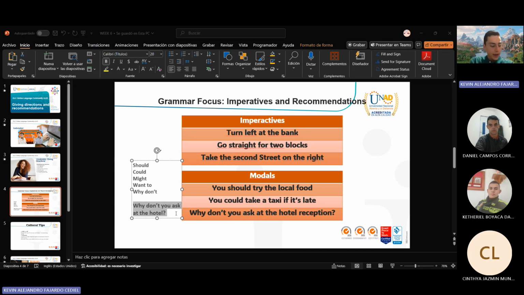So it is important to use modals to sound more polite than commands. When you're not sure what the person wants or if they feel comfortable, it's better to suggest instead of ordering.